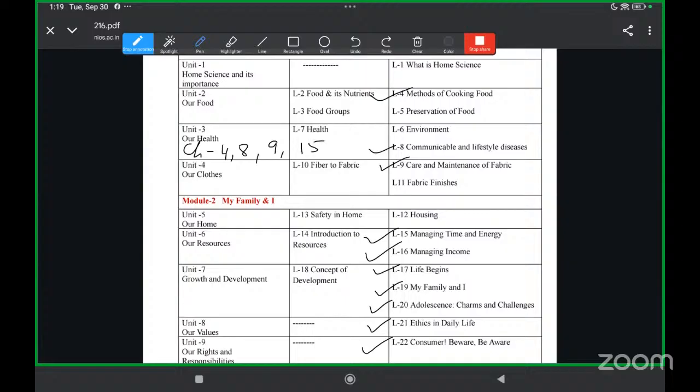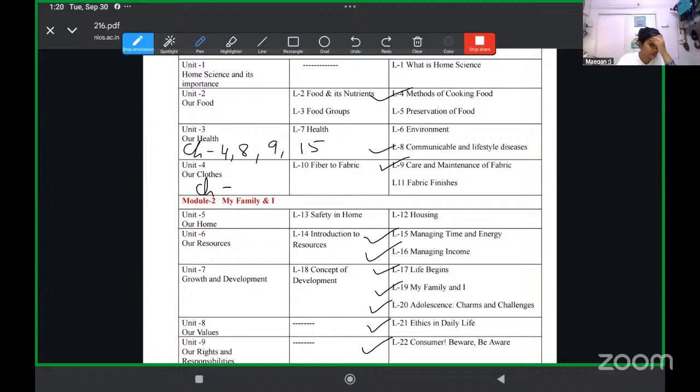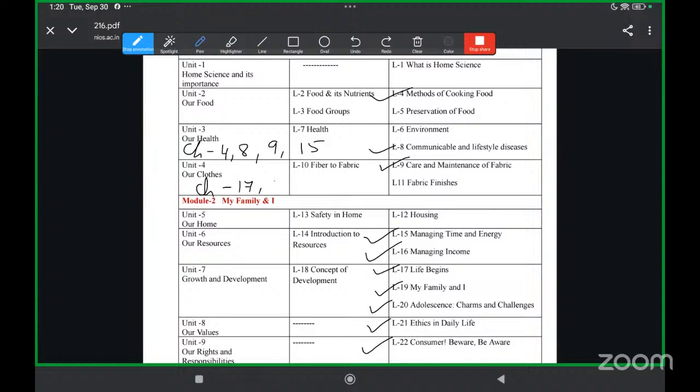Second quarterly paper of home science: not 16, I will take 17, 19, 20, 21, and 22.